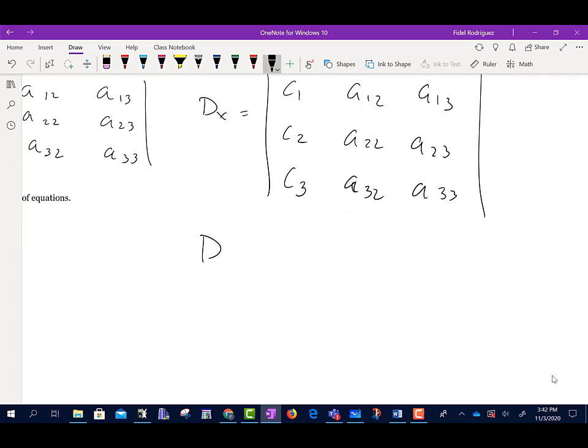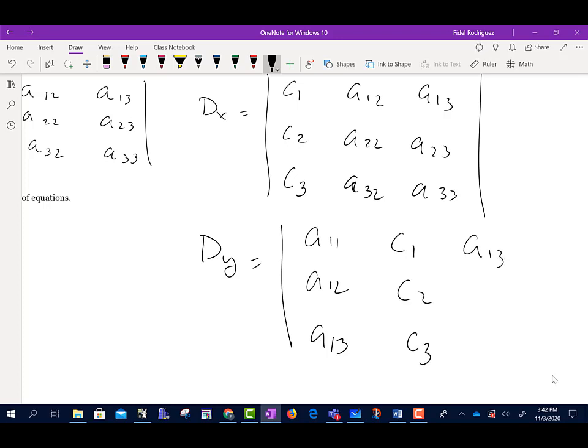So let me just write it out here so you guys can see what I'm referring to. So this is still going to be A11, A21, and A31, but now this is going to be C1, C2, C3, A13, A23, and A33. Okay, sorry about the small mistakes here, guys.